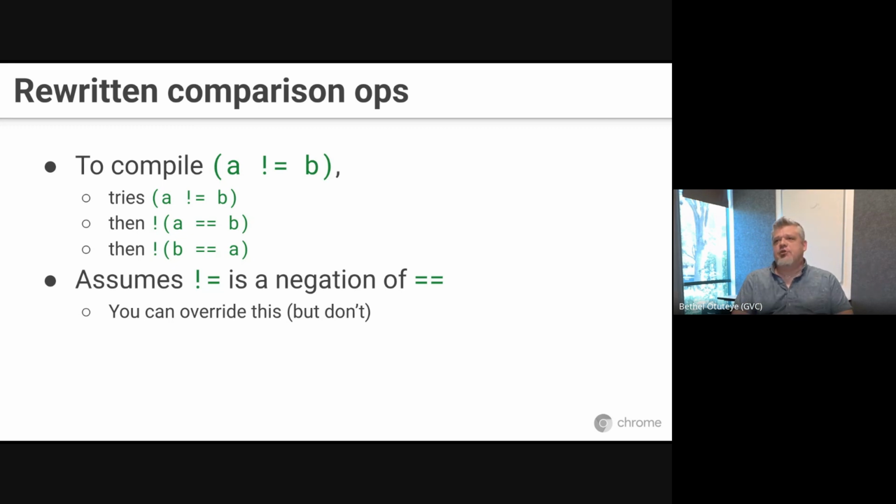And it could be very confusing and lead to bugs. So this was not an oversight. The committee intentionally was like, no, we're not going to do that. The fallback path is strictly rewriting and then reordering. And once again, this kind of assumes that not equals is the negation of equals, which is an assumption that probably is intended to work everywhere, but maybe you overrode it for some strange reason.